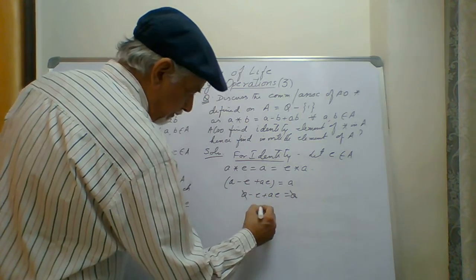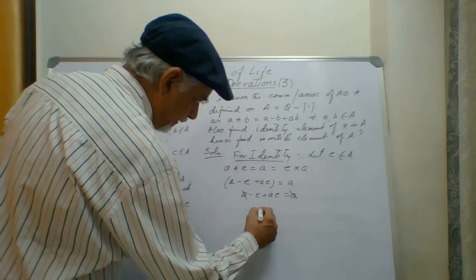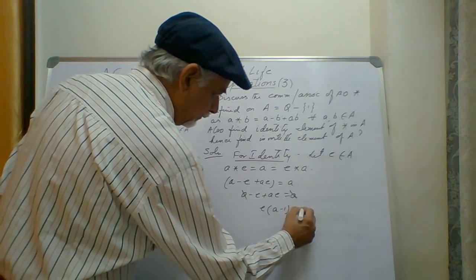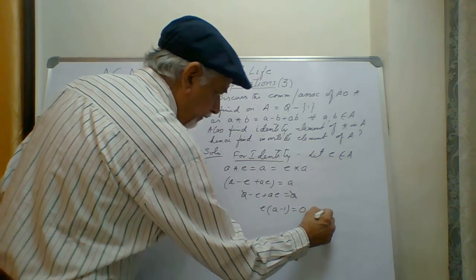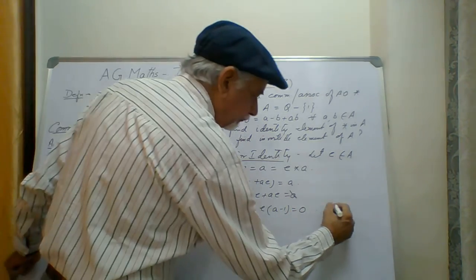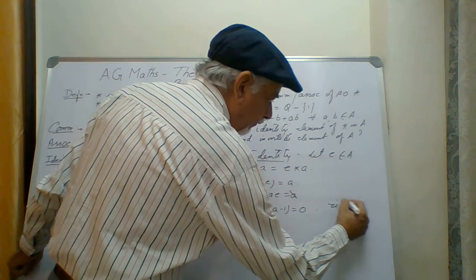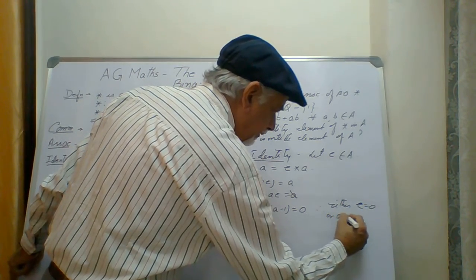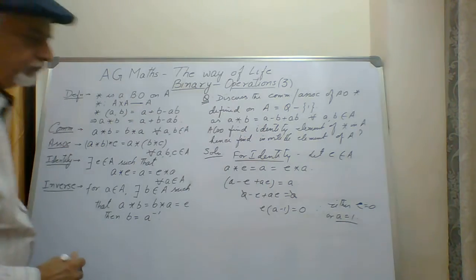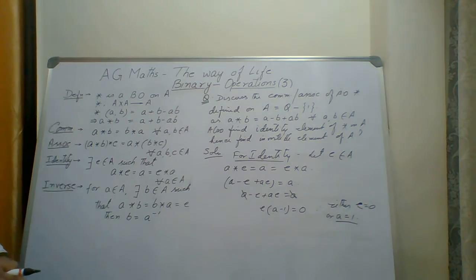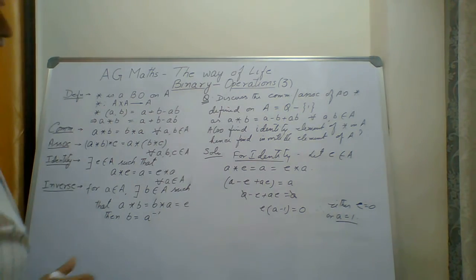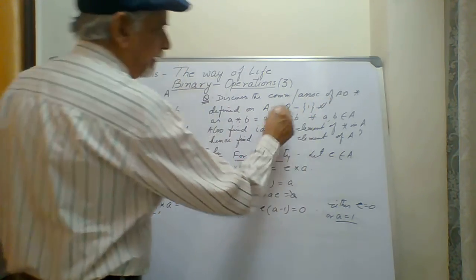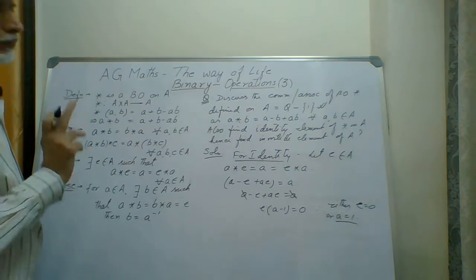A cancels, then what is remaining here? If I take E common, then E times A minus 1 is 0. Therefore, we can say either E is 0 or A is 1. You can say that, but A cannot be 1 because by the given condition, A is a rational number, not 1.